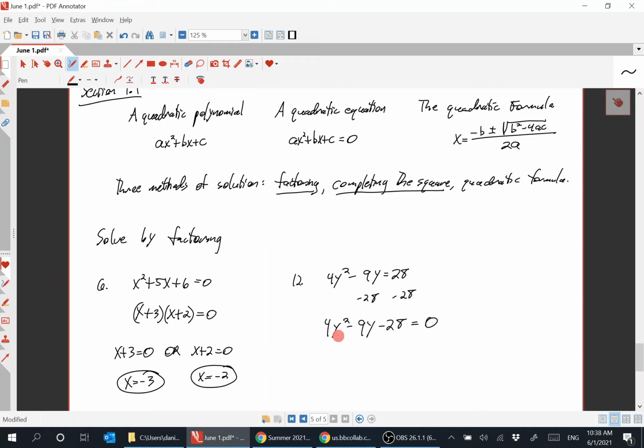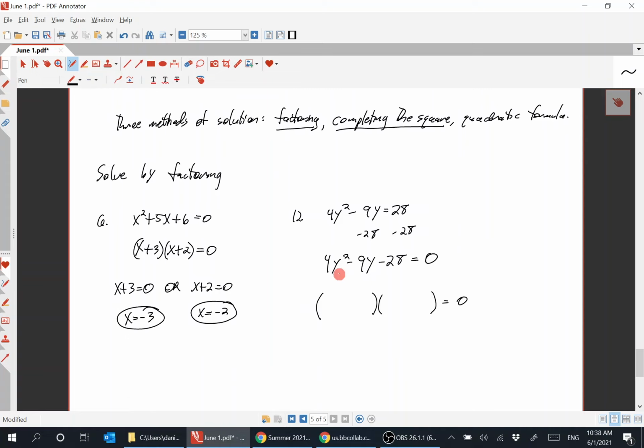The problem with this one, that makes the factoring a little bit more complicated, is that the coefficient of the squared variable is not 1. Now, what would make life easier would be to divide both sides of this by 4.